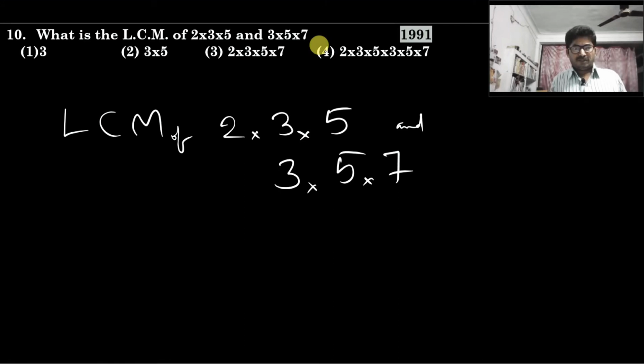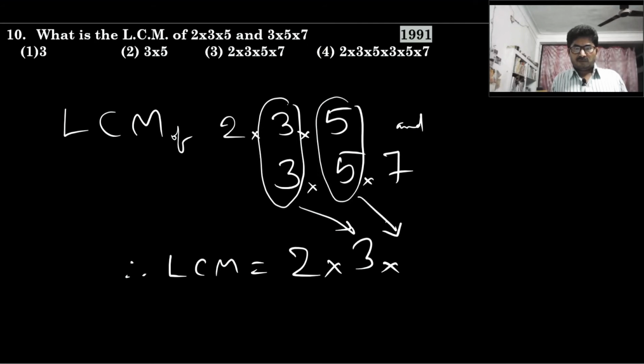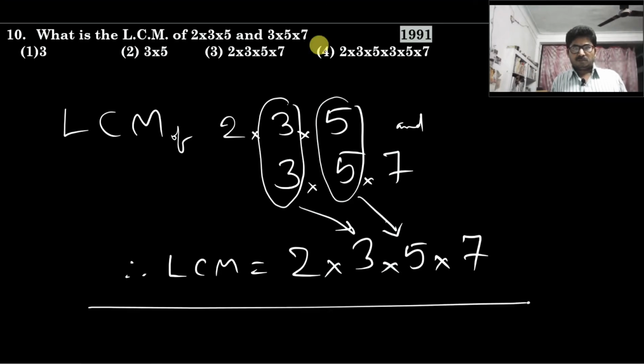To find LCM, we have to take common ones one time, and the remaining also. So therefore LCM is equal to 2 into 3 into 5 into, write these ones only, 7. This is the answer. So option 3.